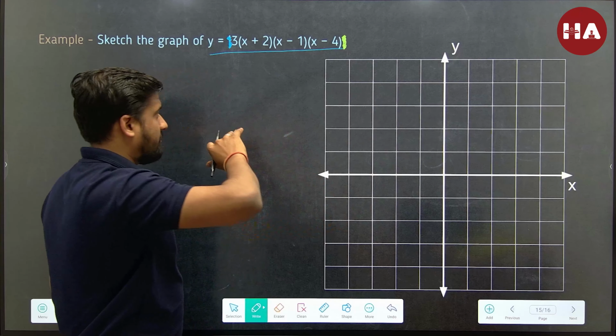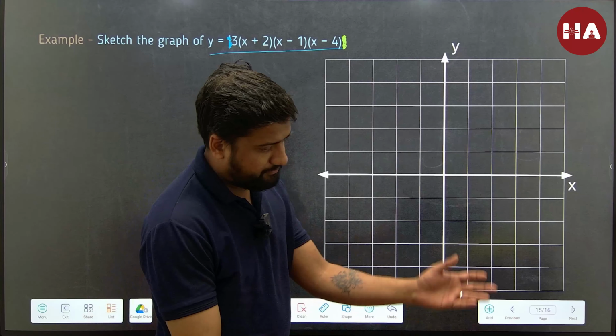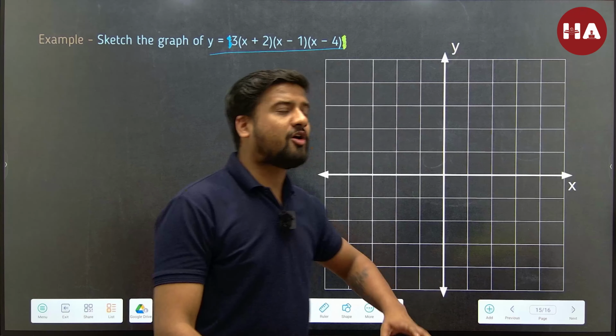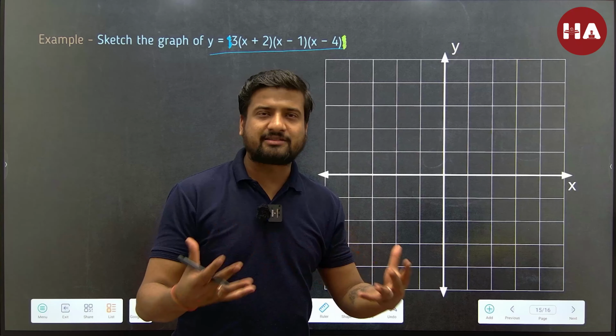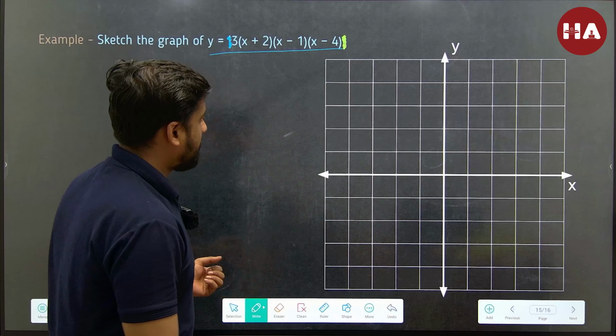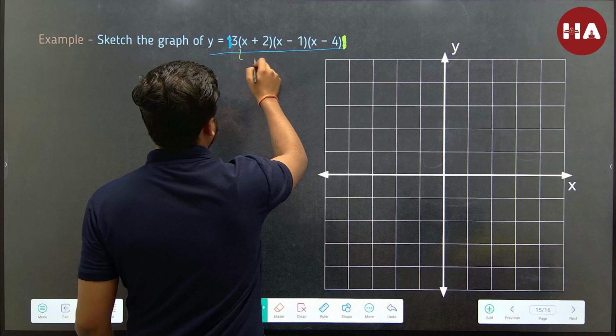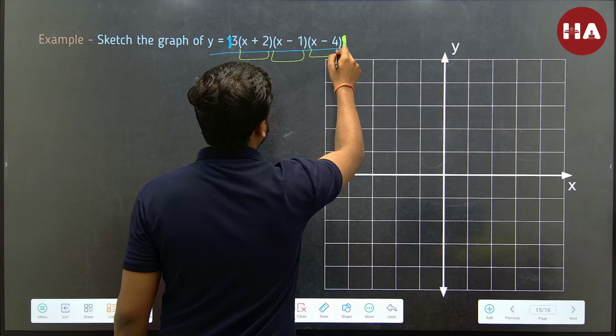Now, we still have to draw the graph. Since the expression is already given in linear factors, it relaxes me a lot. These linear factors give me the roots.